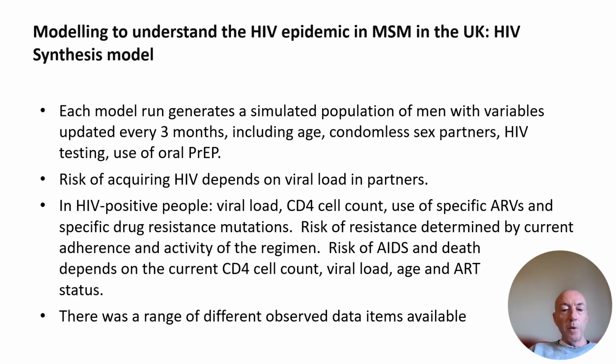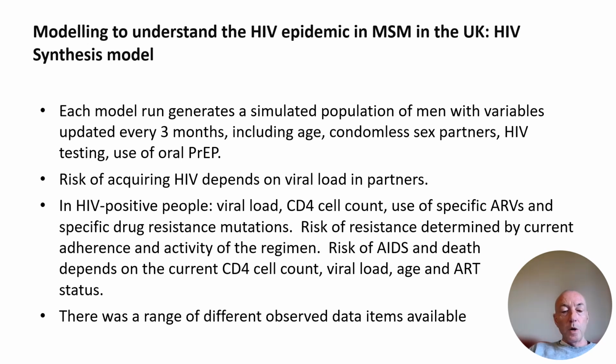And then in HIV positive people, we model the viral load, the CD4 count, the use of specific antiretroviral drugs and specific drug resistance mutations. Risk of resistance is determined by the current adherence to the drug regimen and the activity level of the regimen. Risk of AIDS and death depends on the current CD4 count, current viral load, age, and ART status.